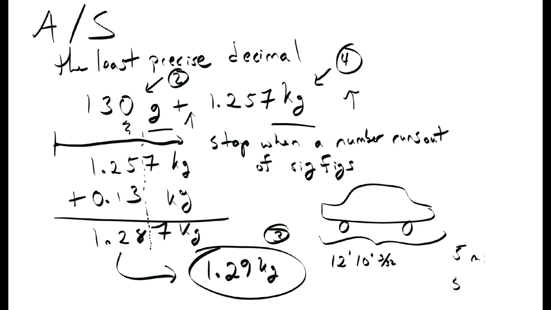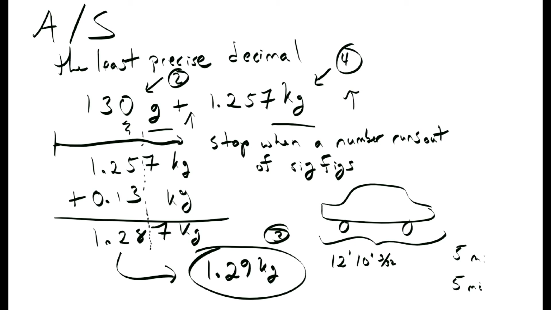The answer is going to be 5 miles. The fact that you weren't careful about measuring the distance to the school is going to eliminate the care you took in measuring the length of your car. Okay. So that's what sig figs do for us. They tell us how precise our answers are.